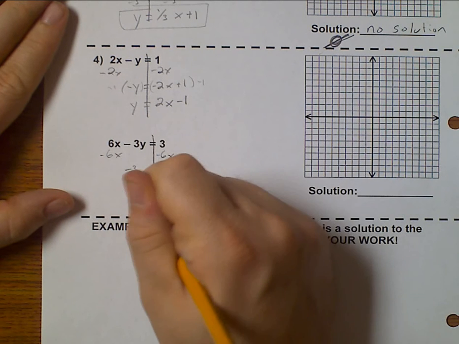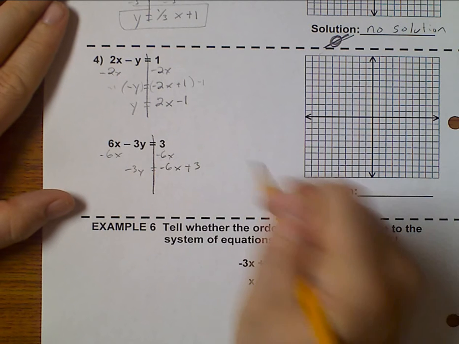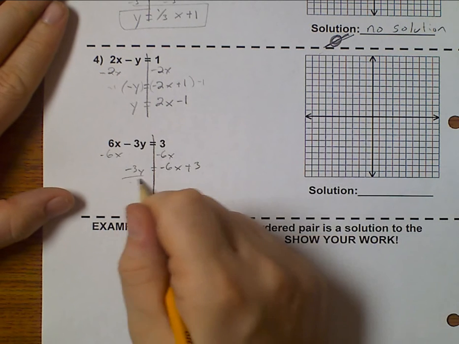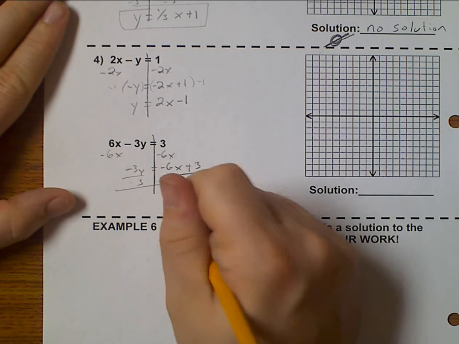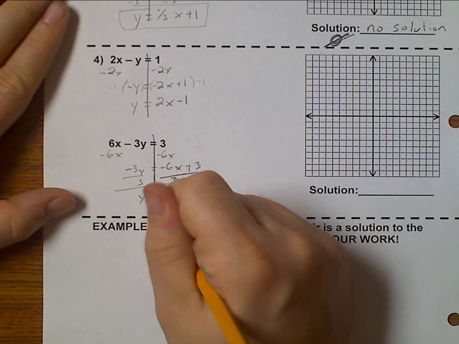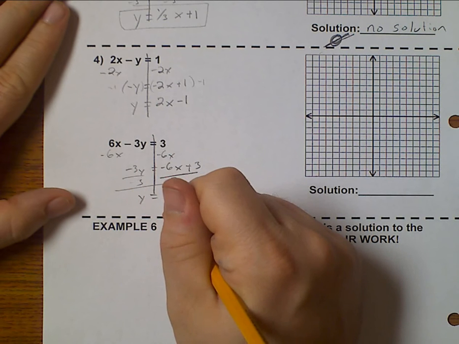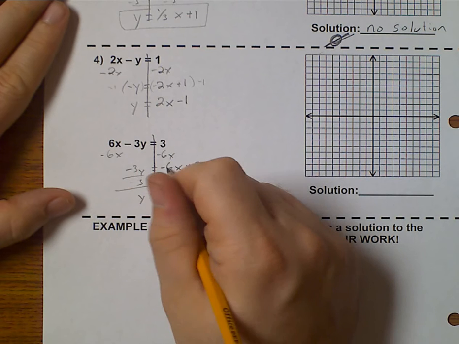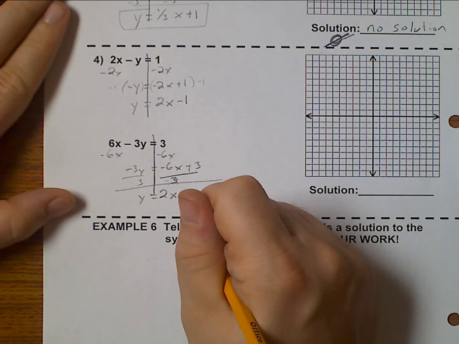Negative 3y equals a negative 6x plus 3. Divide everything by negative 3. Negative 6 divided by negative 3 is a positive 2x. 3 divided by negative 3 would be minus 1.